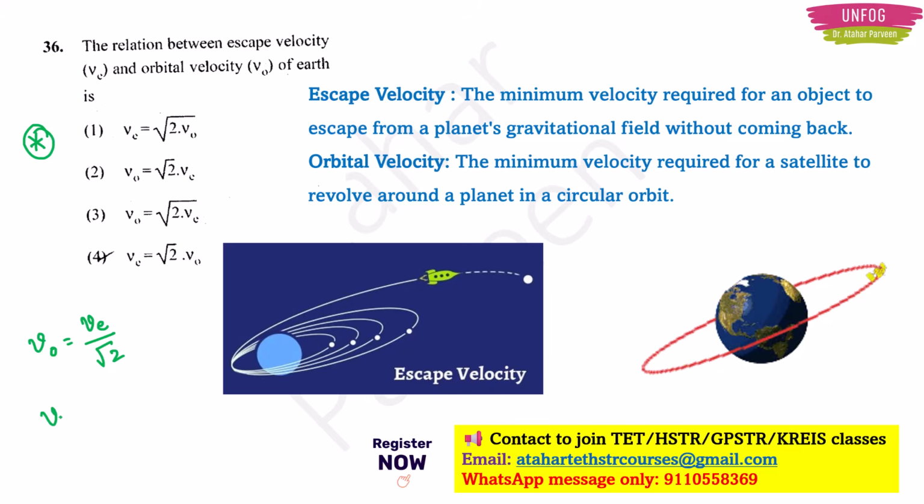But we have escape velocity is equal to orbital velocity into root 2. So option 4 will be the correct answer here. Okay, clear, right? So for these types of questions, you should not look at the options, you will get confused. You should first find out the answer, then match the option with your answer. Okay.